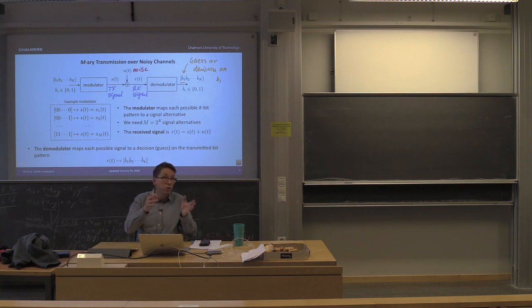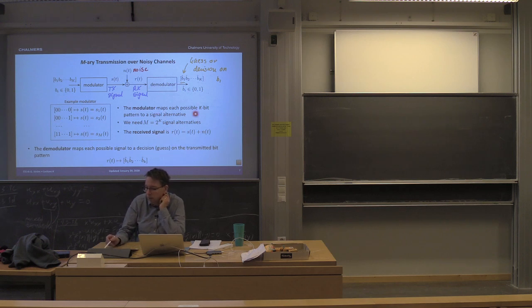So it's basically just a translation device where you can think of the input bits as indexing the output signal. Right? Very simple device. So that's not the problem. The problem is in the receiver, as we will see later on. So the modulator is quite simple. Just input bits, output the corresponding signal. That's all it does, nothing else.